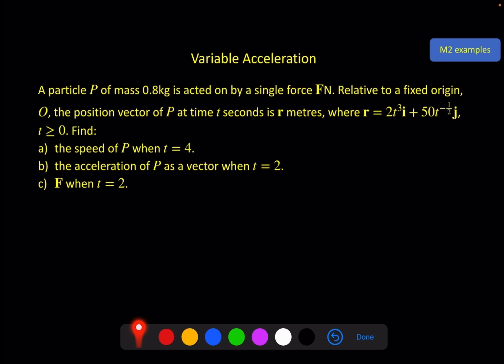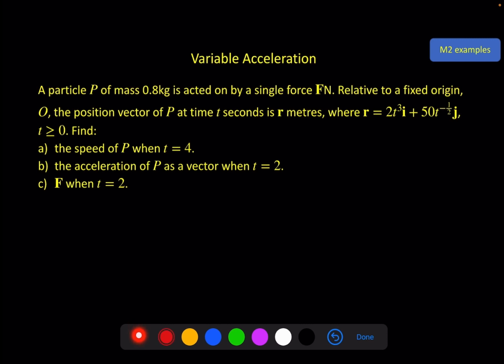So straight away we're seeing the difference between vectors and scalars here. We've got the position vector, and from this we can differentiate to get the velocity vector, but that is different to the speed. Remember, speed is a scalar, and to get that from an i and j component velocity, we'll need to apply Pythagoras. But I'm getting ahead of myself.